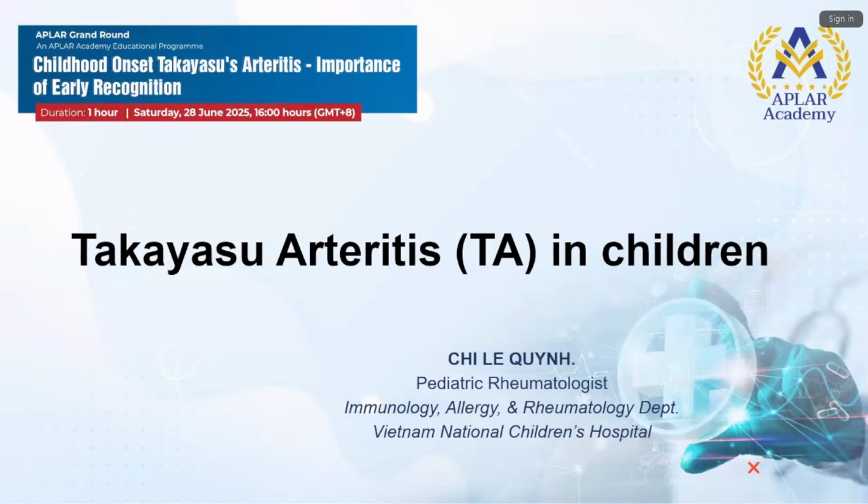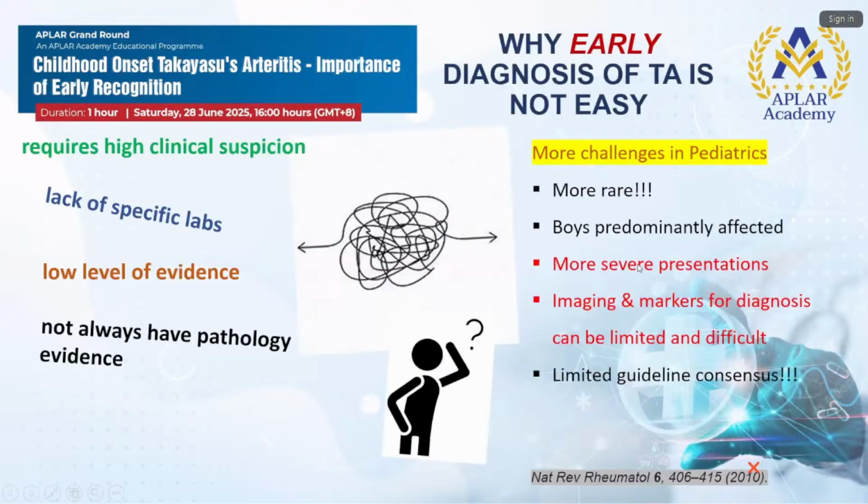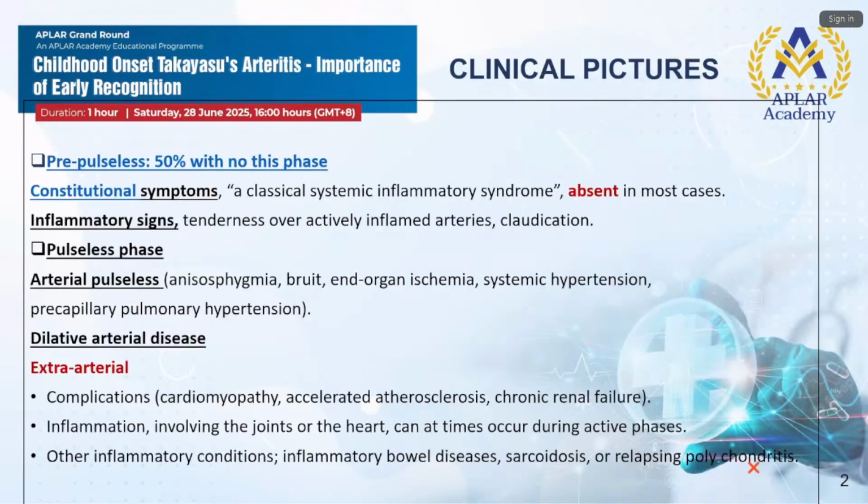Thank you. I have some discussion about pediatric Takayasu. We can see the early diagnosis of Takayasu in pediatrics is not easy, as Dr. Ha has commented. In the clinical picture, in the pre-pulseless phase, up to 50% of patients have no symptoms of Takayasu disease.